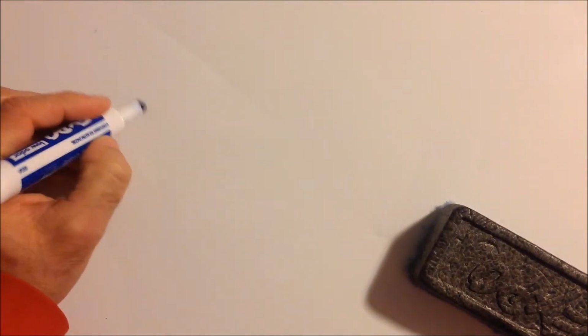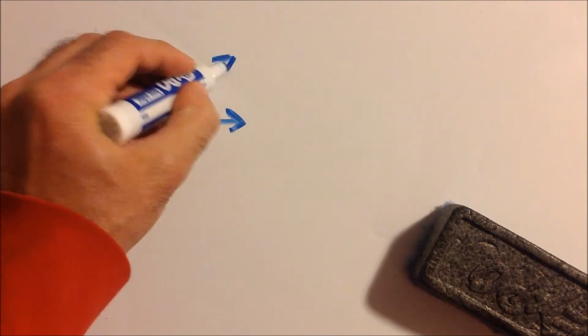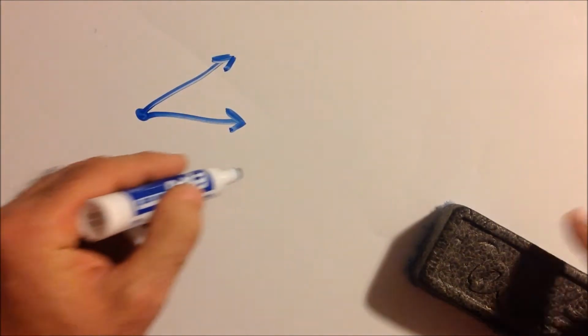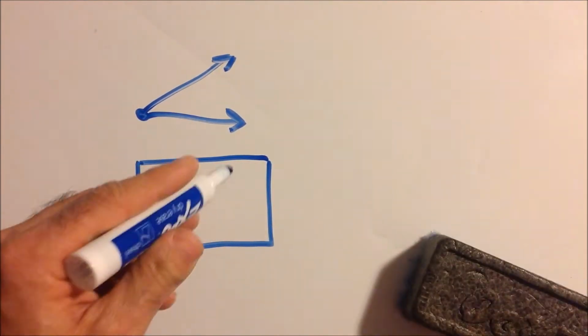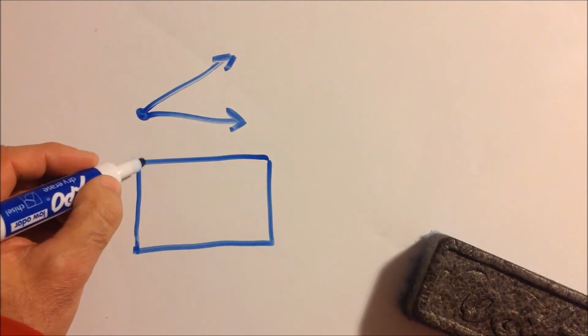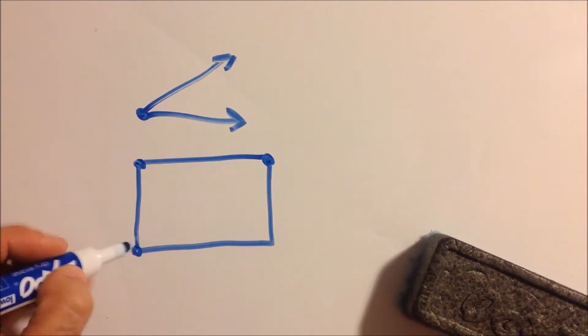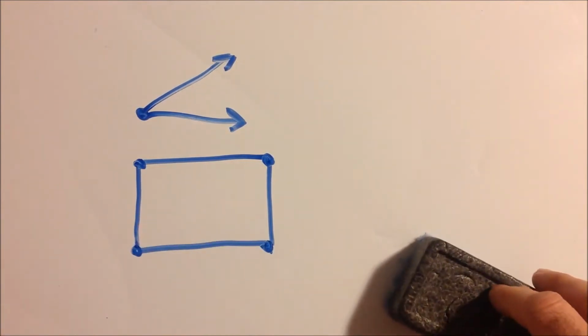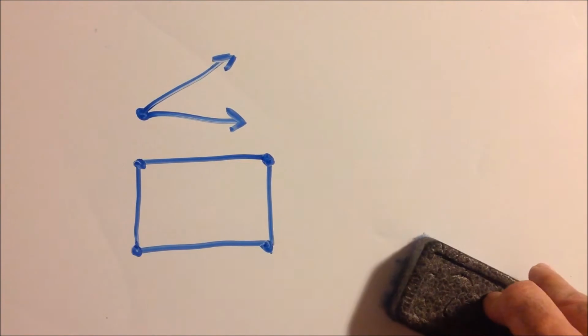The vertex is the endpoint where two rays meet. It also could be when we make polygons, let's say a quadrilateral, the endpoints of the polygon are all vertices. The plural for vertex is vertices. So these are vertices when you make a polygon.